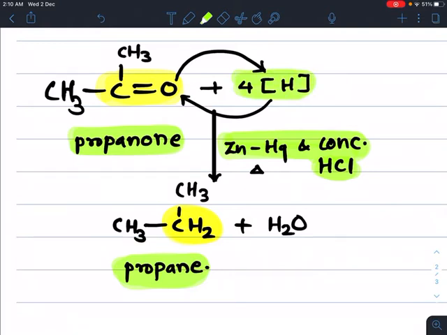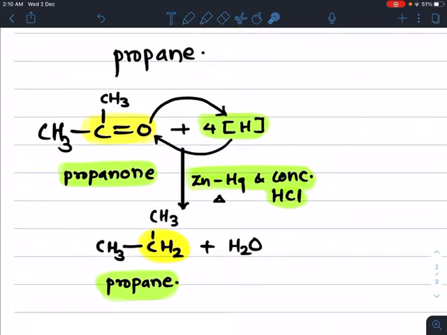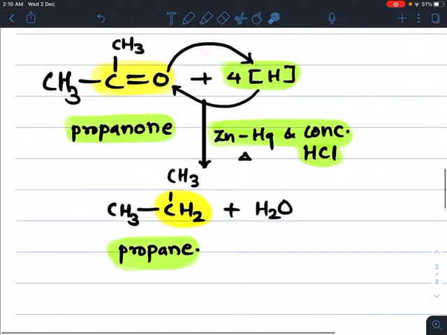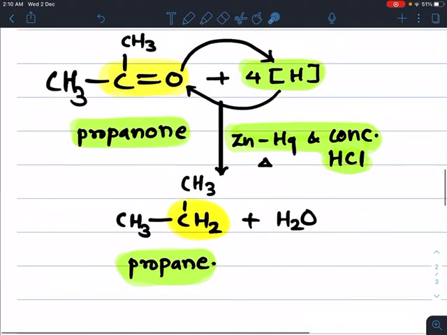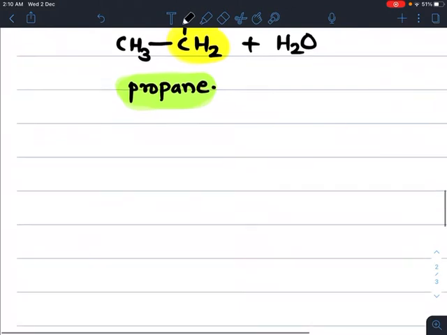So there is removal of oxygen and addition of hydrogen, therefore this reaction is called reduction reaction, Clemmensen reduction reaction. The CO group, the carbonyl group, is converted into a CH2 group, the methylene group, and this reaction is called Clemmensen reduction. One more reduction reaction is there, Wolff-Kishner reduction.